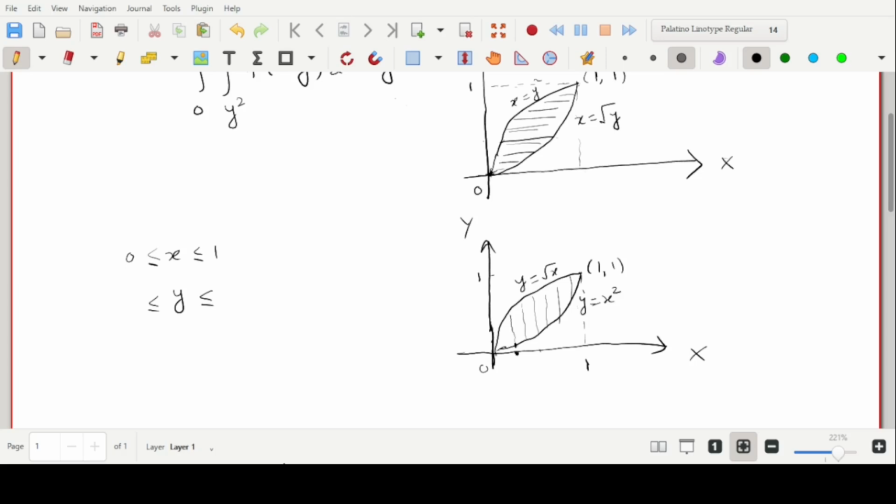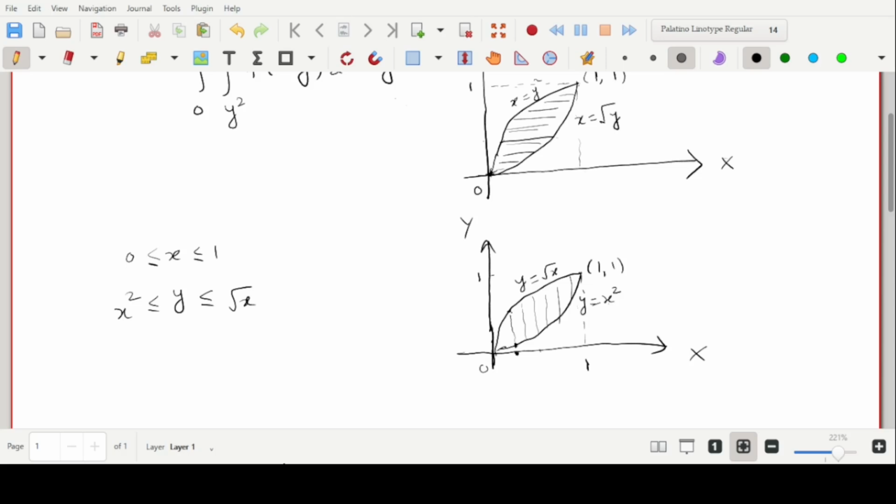Remember that we have to go from smaller value to greater value, okay, in the positive direction always. So x square is the lower limit of y for every x, and square root of x is the upper value, which is bounded above by this curve y equal to square root of x.